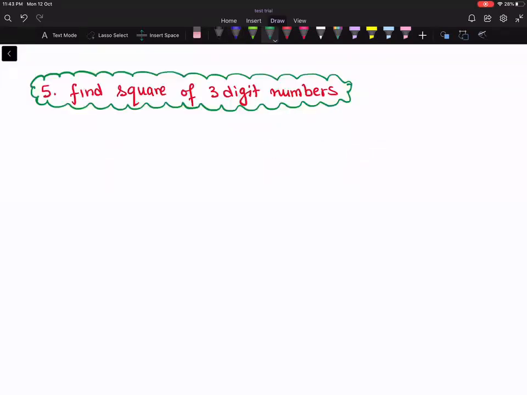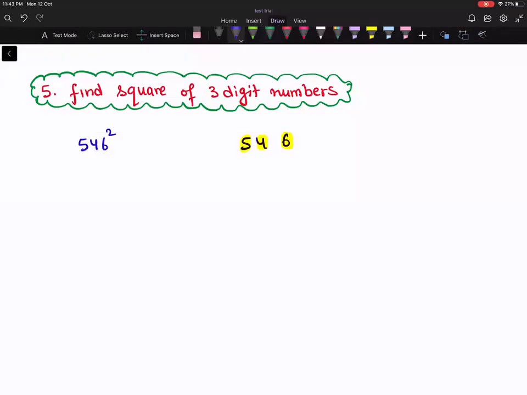Okay, last topic in this is find square of 3-digit numbers, and nothing specific is, this holds true for all the 3-digit numbers. Let's take an example here. I am interested in 546 square, right? So 546 square, you will first write down, let me take here 546. So you first take 6 square, then 4 square, then 5 square, right?